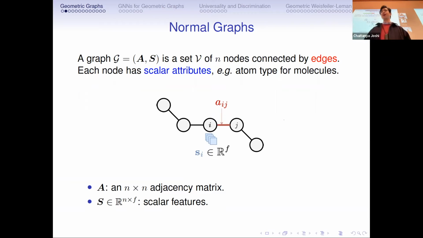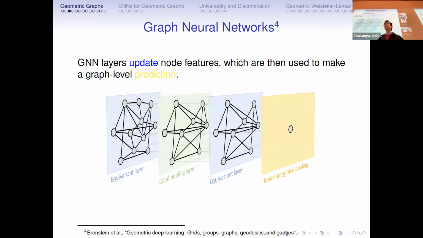So you have this graph structure, and graph neural networks essentially update these scalar features progressively over multiple layers. You update your node features, and then in this work, we consider the setting where you pool all these features together to make some prediction for your entire graph. And this is a very high-level overview of what GNNs do.